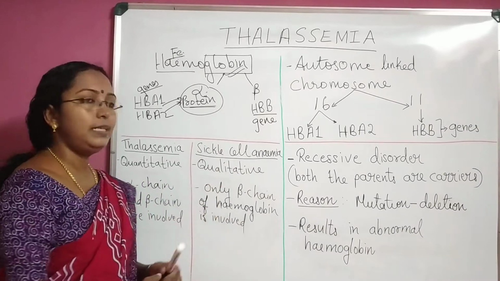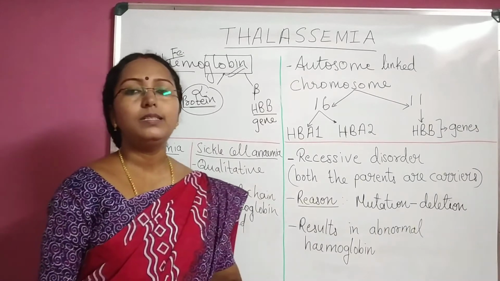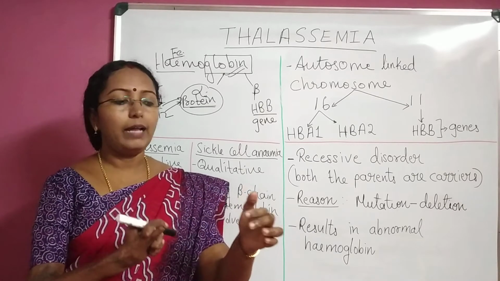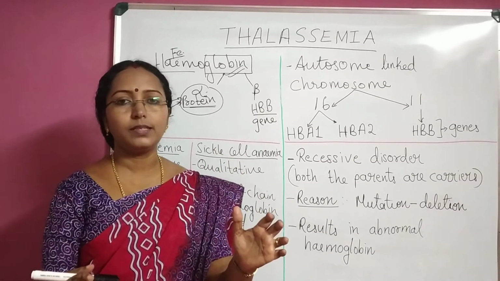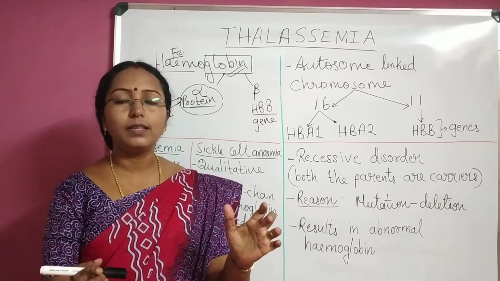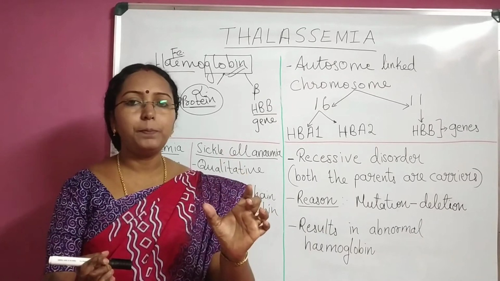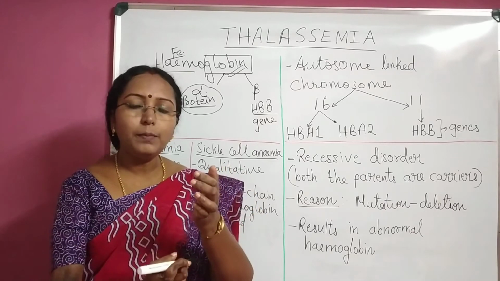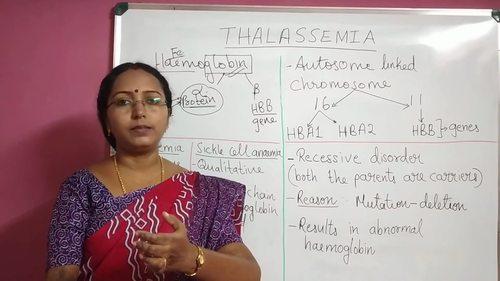But in sickle cell anemia, if you have seen the previous sessions, it will be clear to you. In sickle cell anemia, alpha and beta proteins are all present. But in the beta globin, one particular amino acid is replaced by another.